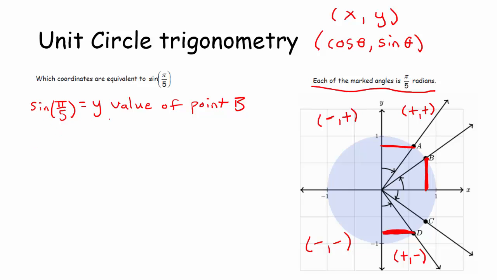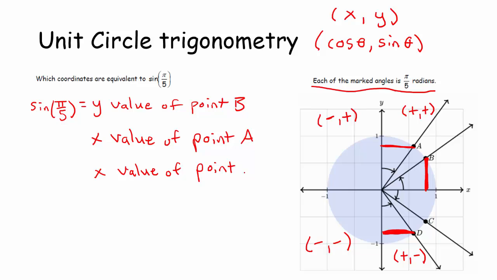So the sine of pi over 5 equals the y value of point B, the x value of point A, and the x value of point D.